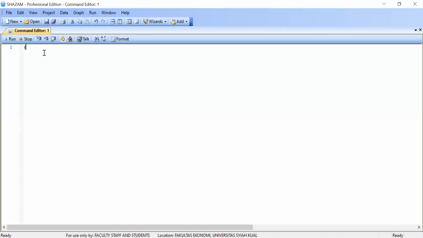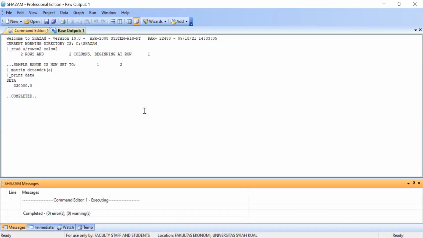We read matrix A, rows equal to 2, columns equal to 2. We have 10, 700, 700, and 322,000, right? The matrix determinant of A, print that.